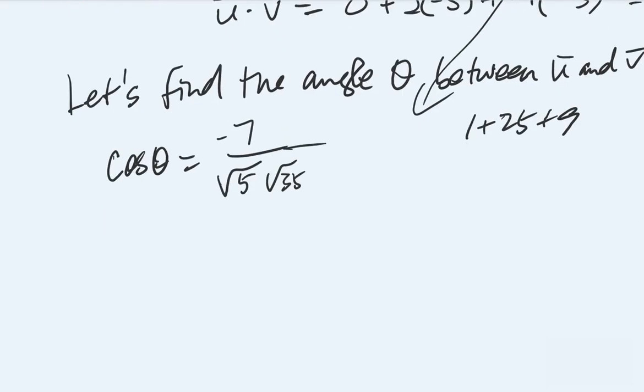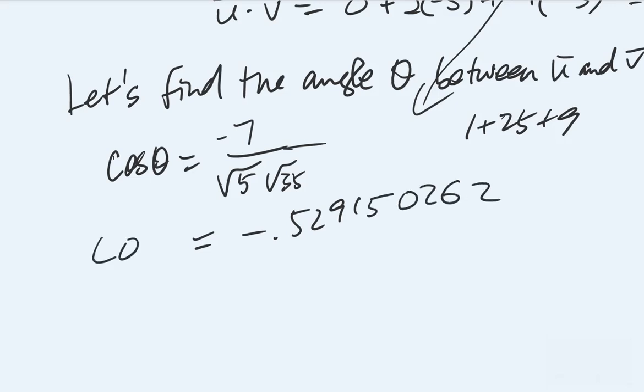Let's get this number on a calculator. It is about -0.5291502, something like that. So that's the cosine of theta.